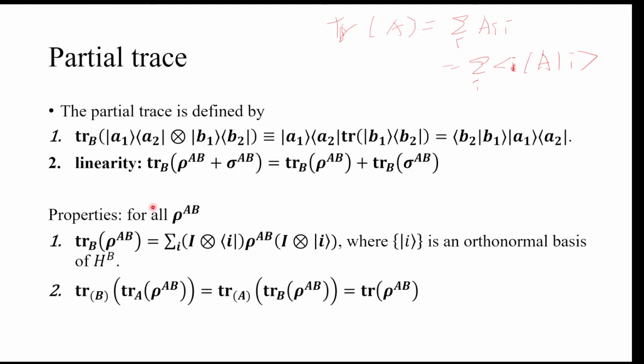The trace_B you can also write as a summation of sandwiching with the basis vectors of B. And also if you trace A, then trace B, it becomes a number. This should usually become 1 if your rho is normalized. Then you can trace A and then trace B to trace out everything, and trace B then trace A also traces out everything, and it will be equal to the trace over this matrix.